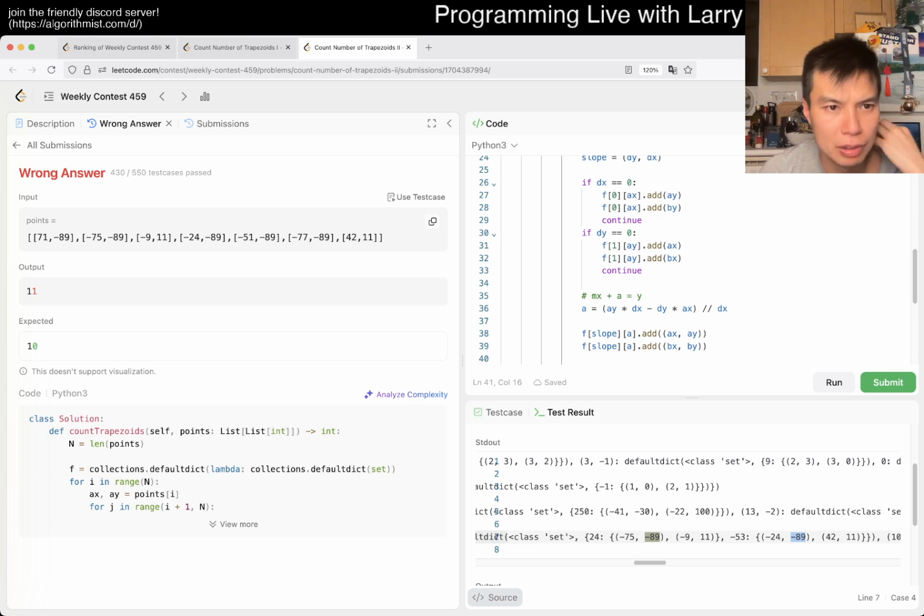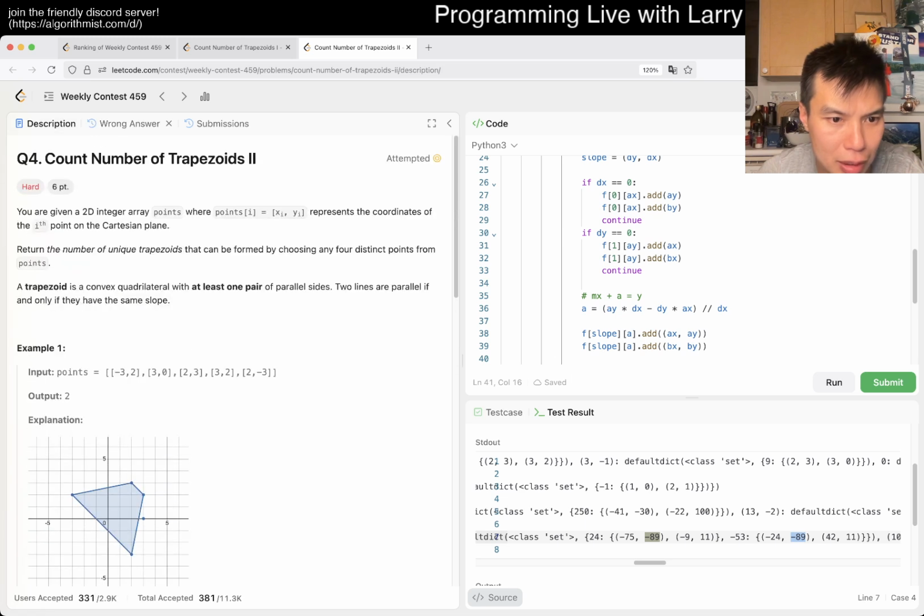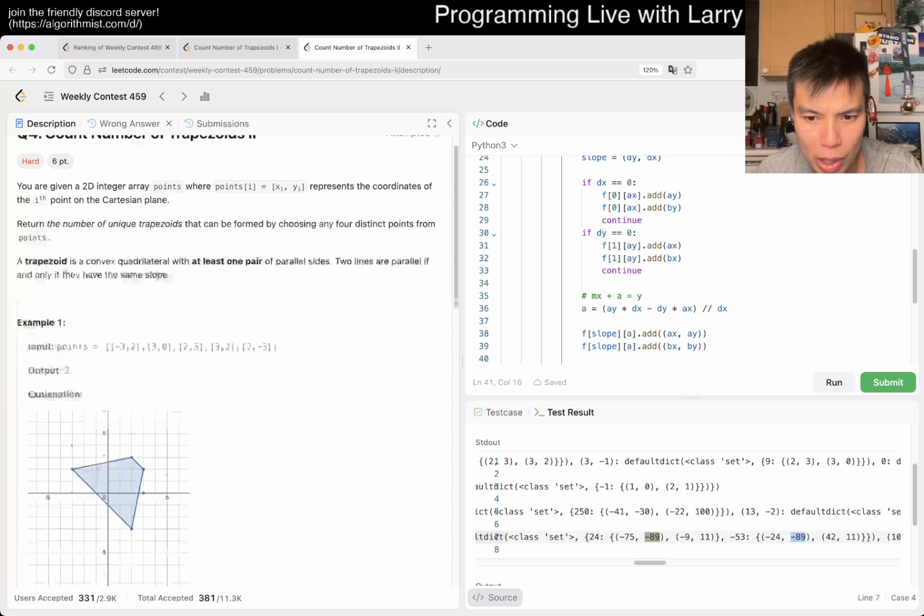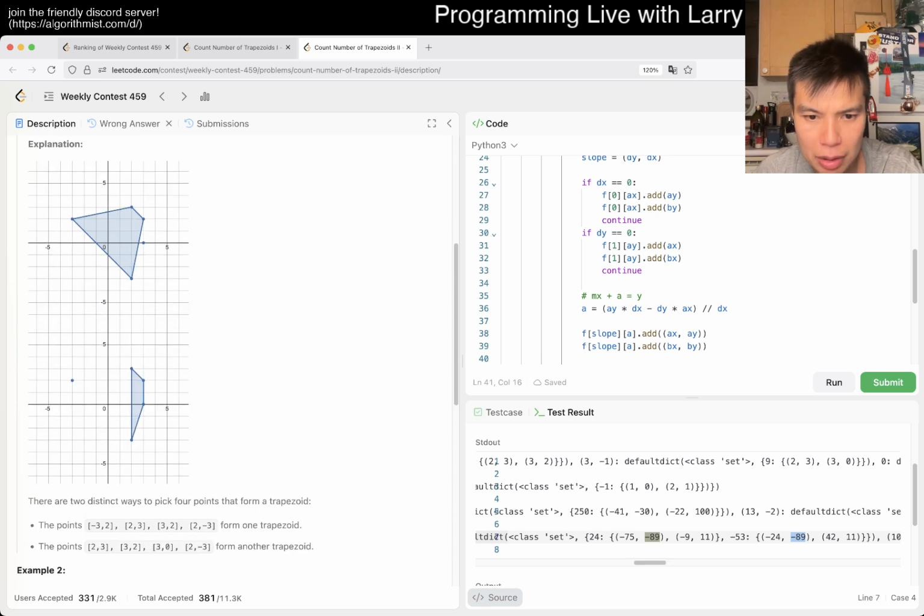Actually, now I'm confused. Am I misunderstanding the problem? I was going to say maybe these overlap with the other ones, but that doesn't make sense in the slope sense. Or maybe, what if we have a square? Would a square be double counted? Because you have a parallelogram.